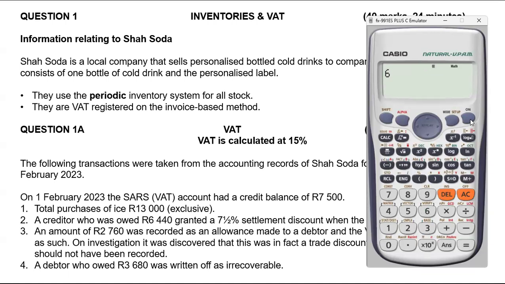It's 6,440. Obviously, this is VAT inclusive. It's at 100%. But I just want to show you what we were supposed to have calculated VAT on that at. So you will take that 100% minus 7.5% equal sign.